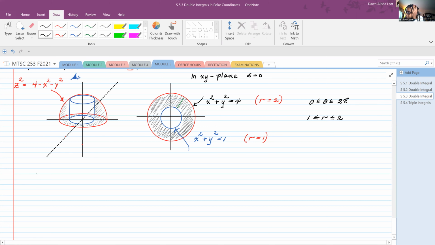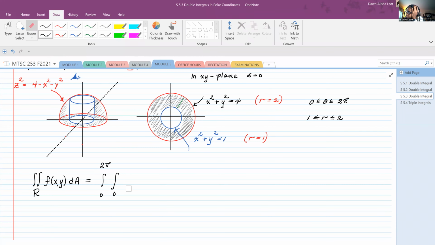So now I get the double integral over the region of f of xy dA. Theta is going to go from 0 to 2 pi. R goes from 1 to 2.